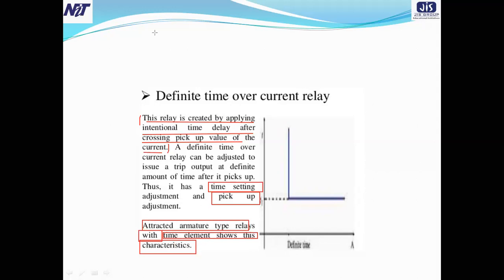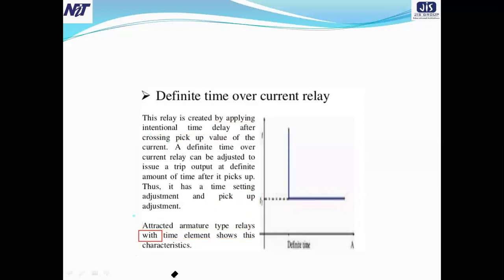Yes, so that is our definite time overcurrent relay. And this is the diagram. So here is the pickup value of the current, and this is the definite time on the x-axis.